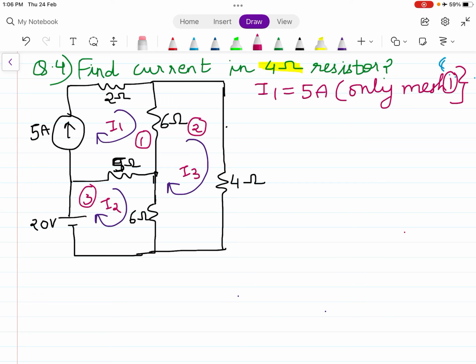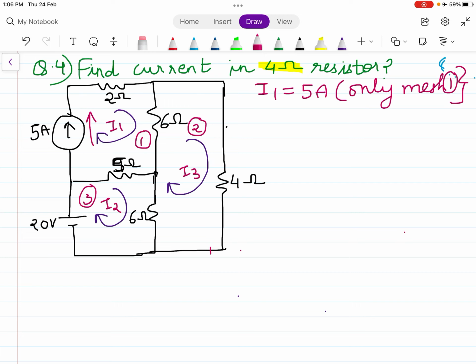If 5 ampere current was in between two meshes, then we don't write it directly, but because 5 ampere is only and only in mesh number 1, we say that I1 is 5 ampere. I1 is going upwards according to clockwise direction. Our I1 is also going upwards, so our assumption is correct.